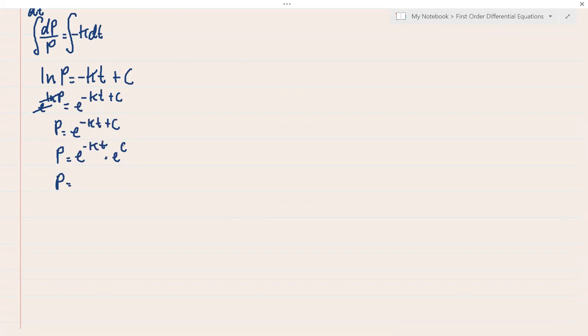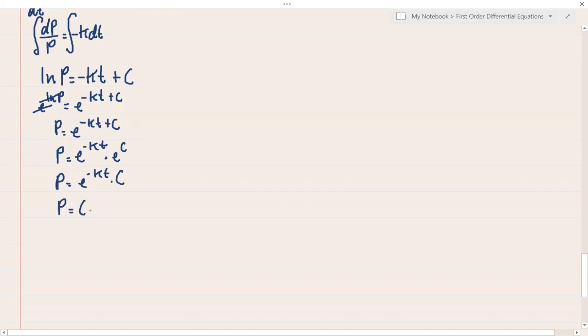So therefore, we can convert e raised to C into C. Okay? Kasi e raised to C and C are just the same. So magiging e raised to negative kt times C. So in here, we will have P is equal to C e raised to negative kt. That is now our general solution.